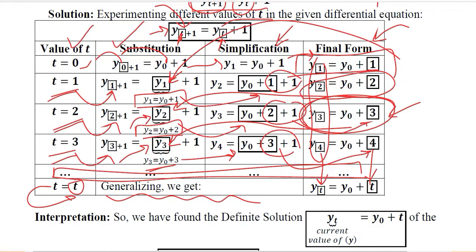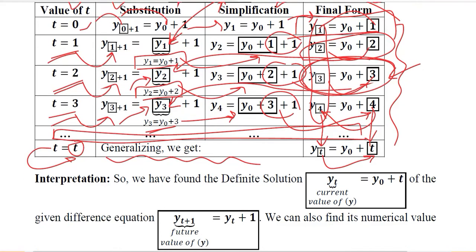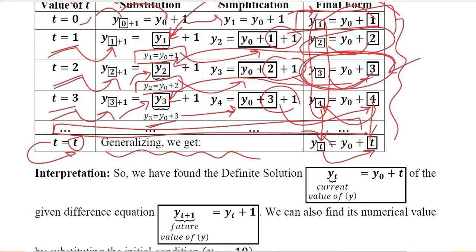And here 1 2 3 4, you can see it is adjacent, and then we can call it t, because it's a variable that is varying over time with a certain repetition or iteration in it. So the solution would be this, where yt is on the left hand side and the initial condition is there, and t is there.